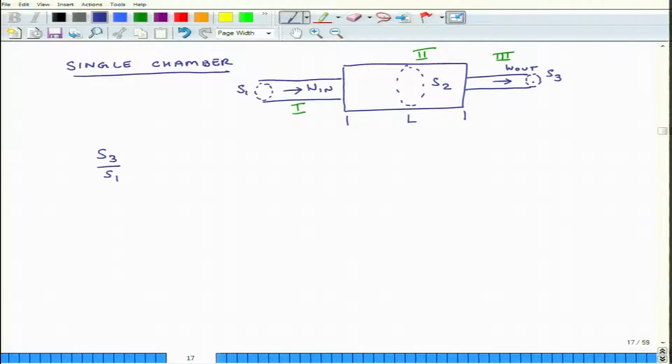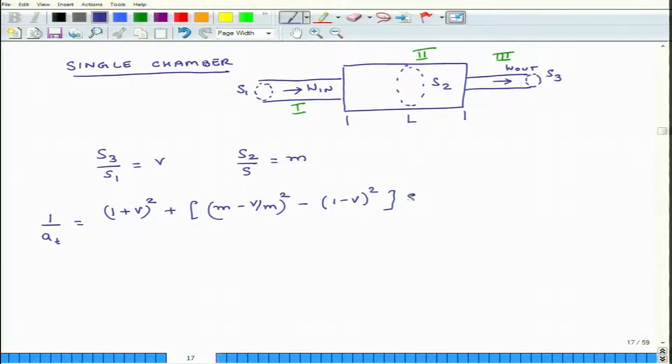So, this is the ratio of cross sectional area of outlet port and inlet port, and that ratio is V, and then the ratio of S2 and S1 we define as M. So, in terms of these, the parameter 1 over AT can be expressed as 1 plus V square plus (M minus V by M) whole square minus 1 minus V whole square, and this entire thing is multiplied by sine square kL divided by 4V, where once again k is the wave number which is equal to 2 pi over lambda.